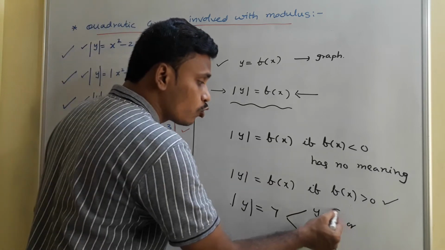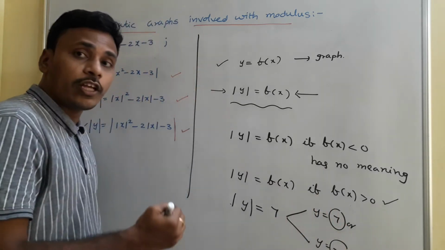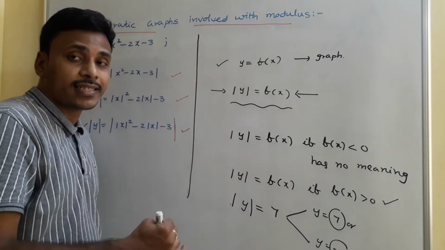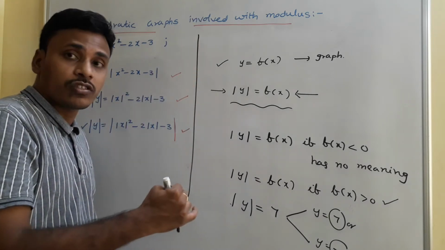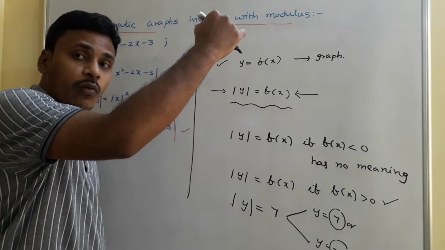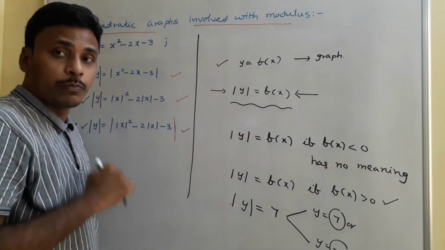And if you look at these two values, 7 and minus 7, those two values are symmetric about x-axis, right? Y is equal to 7, 7 units above x-axis. Y is equal to minus 7, 7 units below x-axis.